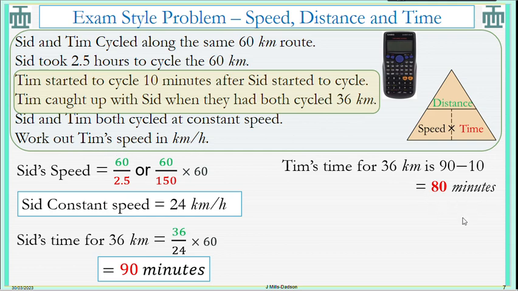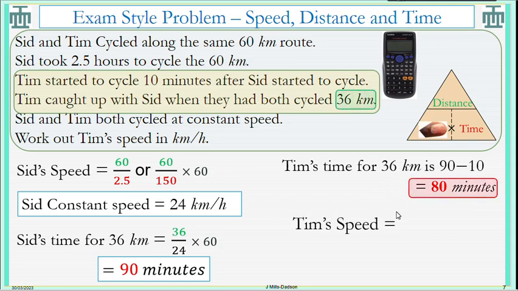We now know the time for Tim for 36 kilometers. So all we need to do is, distance is 36 kilometers for Tim. Time is what? 80 minutes for Tim. Divide distance by time. It's going to be in minutes, so multiply by 60 to convert the answer to per hour.